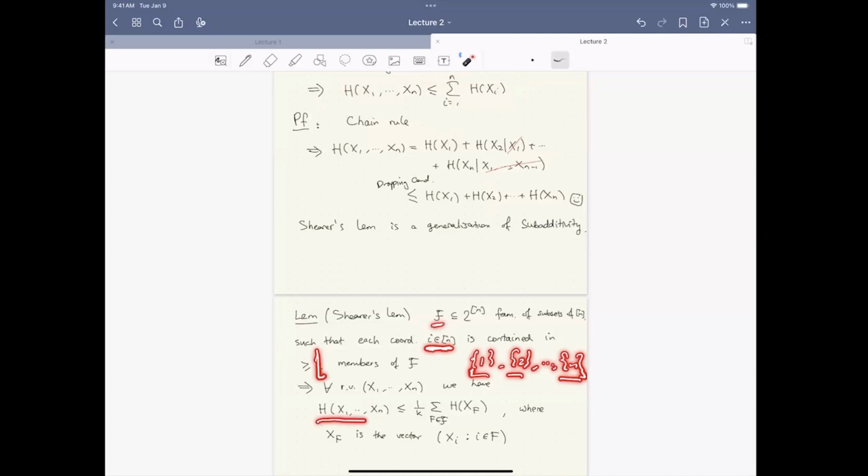Then the joint entropy is at most 1 over 1, which is 1, times the sum over elements in F, which are just singletons. And what is X sub i? It's just Xi, the projection, right? Which is precisely what's up here. So this is a generalization.